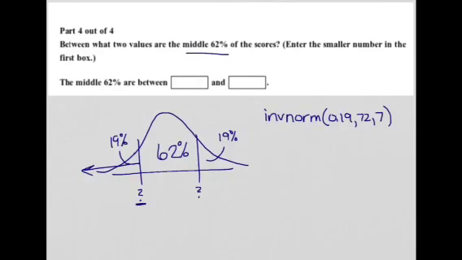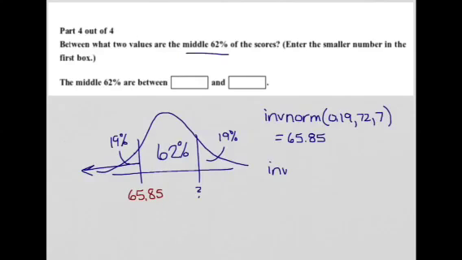And when I do that, then I get 65.85. So that's going to be this value, 65.85. And then to find the next one, I'll do inverse norm.